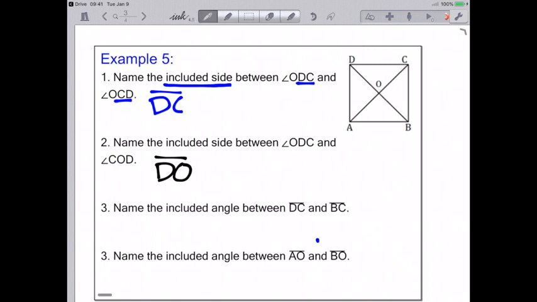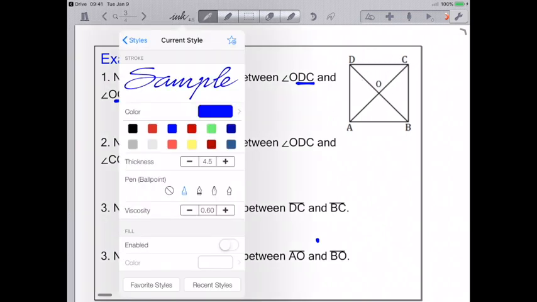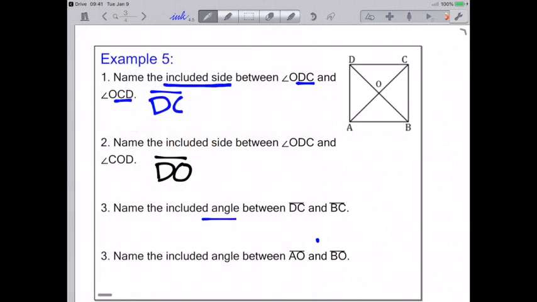Now the next ones deal with included angles. So I know I need to be using 3 letters. So I highlight segment DC, highlight segment BC, and I see that this angle here is in the middle. Now I have to be careful when I name this. I can't just say angle C because there's technically 3 different angles there.